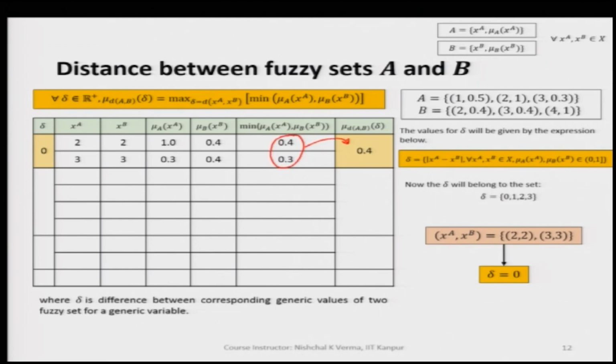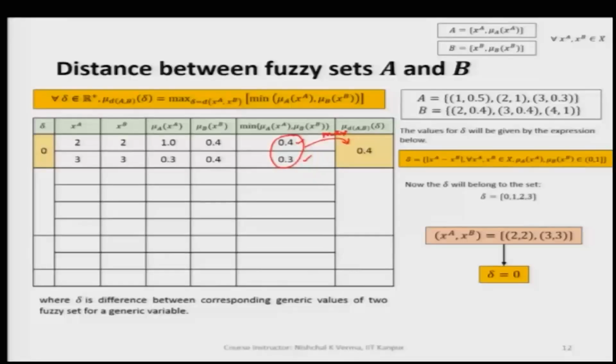Please understand that we have two pairs of generic variable values from fuzzy set A and fuzzy set B, and these two pairs are for delta equal to 0. When we have 0.4 and 0.3 as the minimums, we take the max of these two and find 0.4.